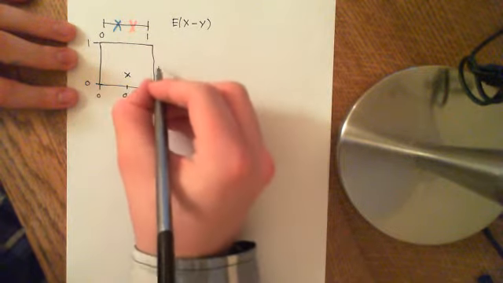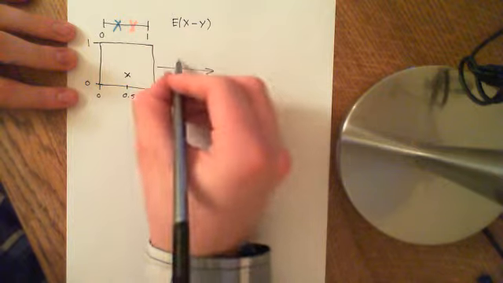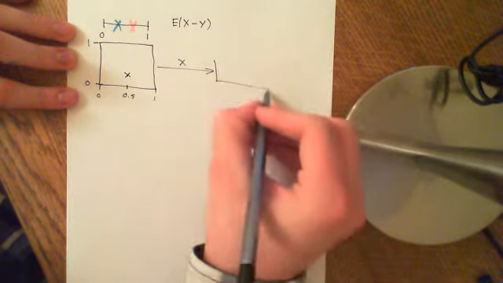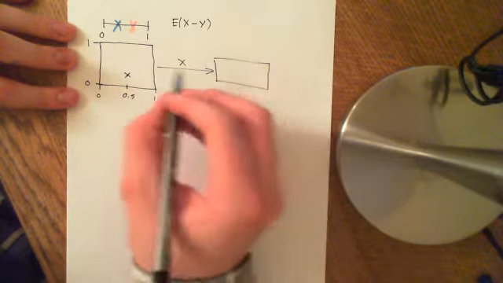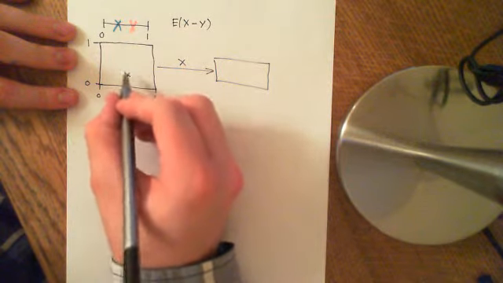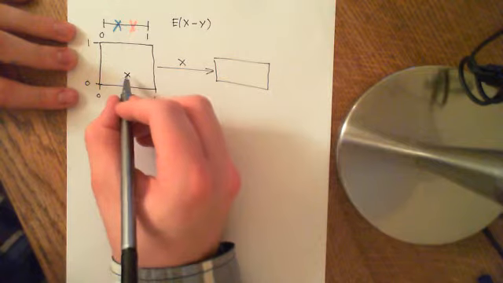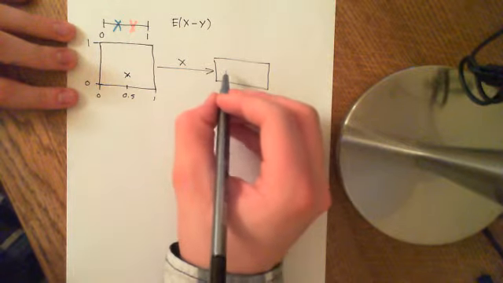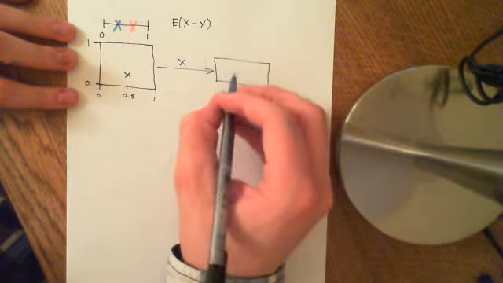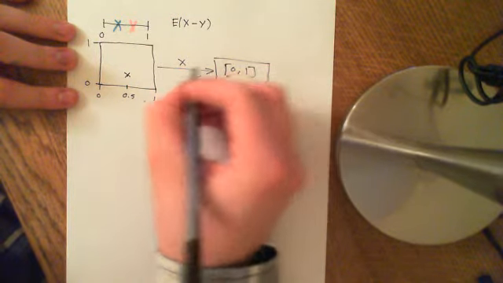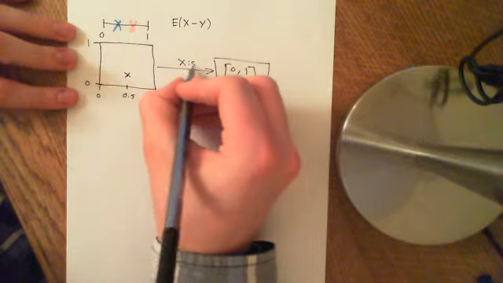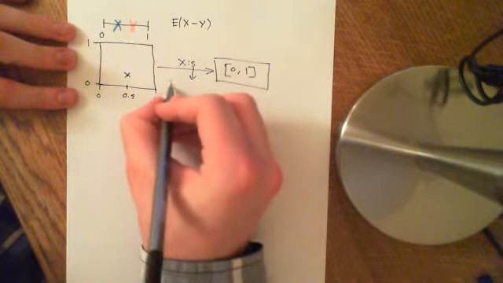So we can set up two random variables. X is going to take any point here to the x component of your position, so it gives you the position that person X chose, a number between 0 and 1.